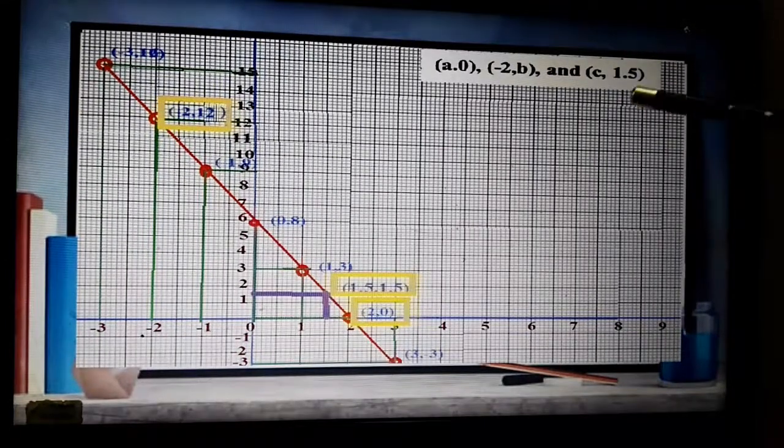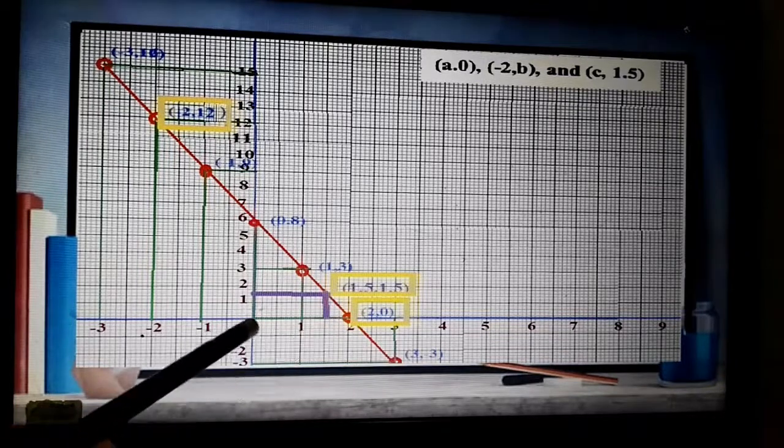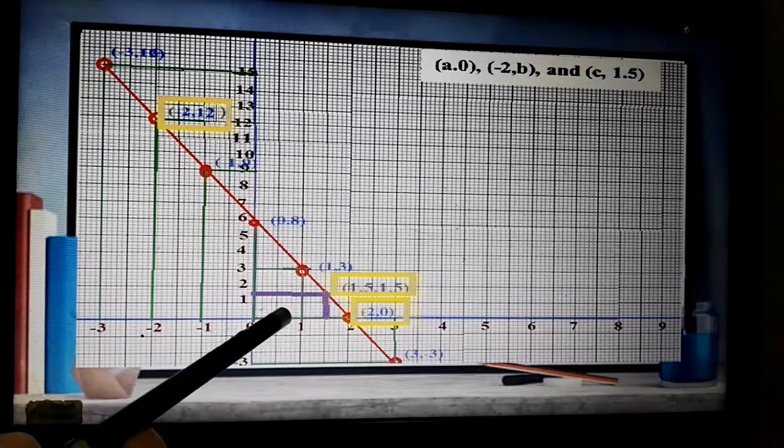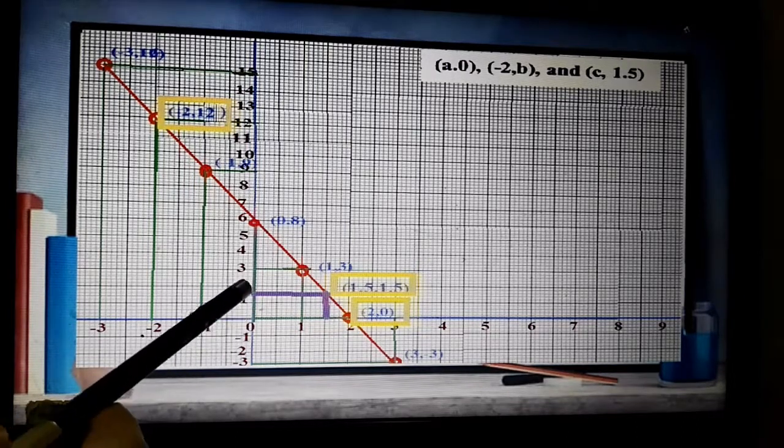Now the third one is (c, 1.5). It means that when y is equal to 1.5, what is the value of the x coordinate? Here you can see from the graph that on the y-axis this is 1, this is 2.